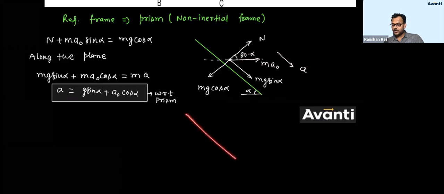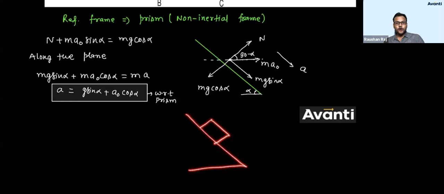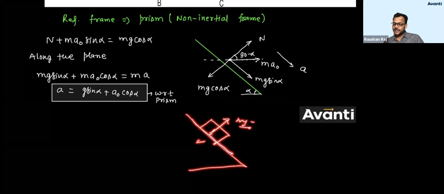If there is a block kept on this prism, normal reaction comes because of the restriction of motion, right? Now when this was at rest, this block and this prism would have experienced a normal reaction of mg cos alpha, right? But this prism is trying to go towards left.